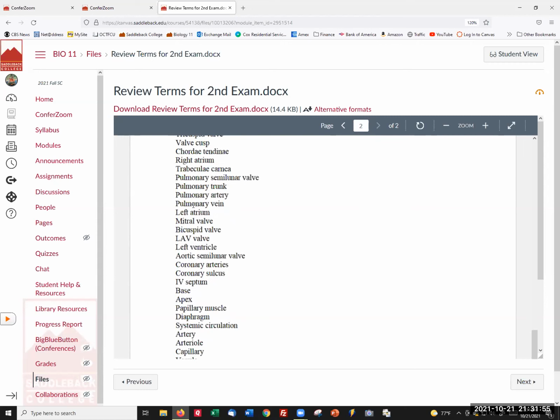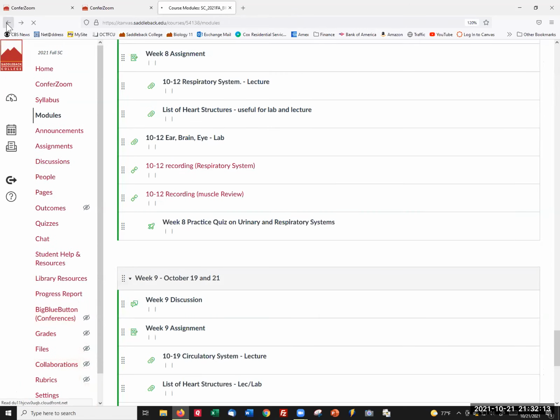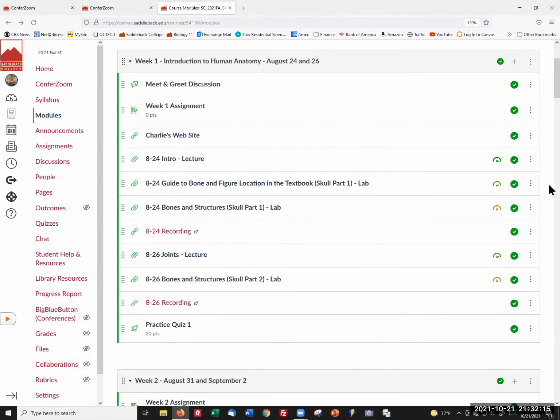You can see a lot of heart terms here. You can expect a diagram of the heart. The heart overlaps lecture and the lab. Show you where, see that?